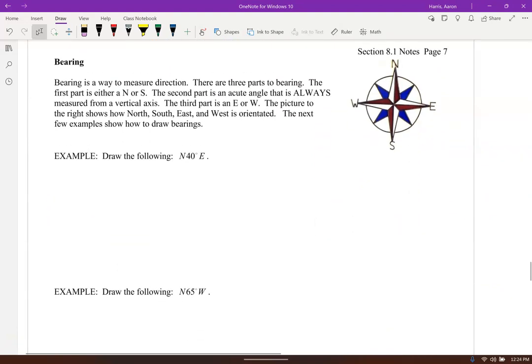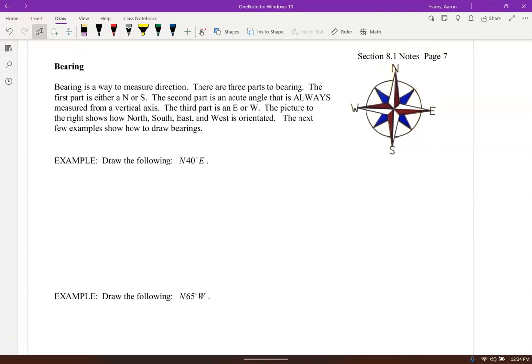All right, let's keep going with our bearings here. So bearings, this is a way to measure direction. So for example, north 40 degrees east. Where's the angle? Think of it as I'm looking north, and I'm going 40 degrees east off of that. So this is 40 degrees.